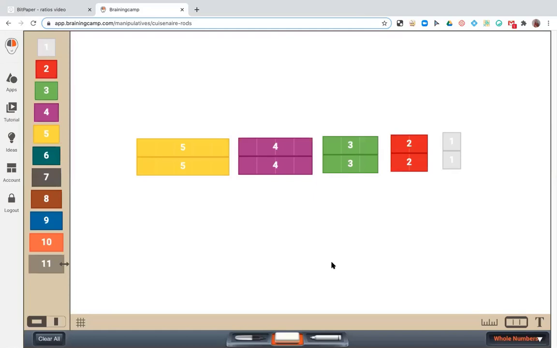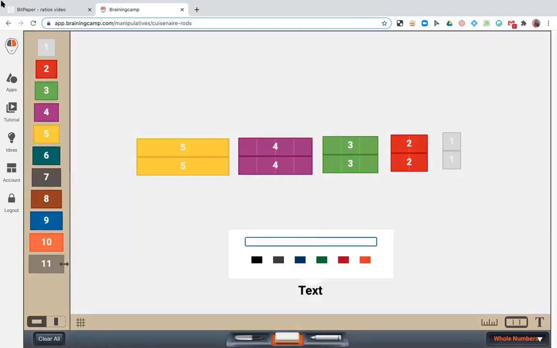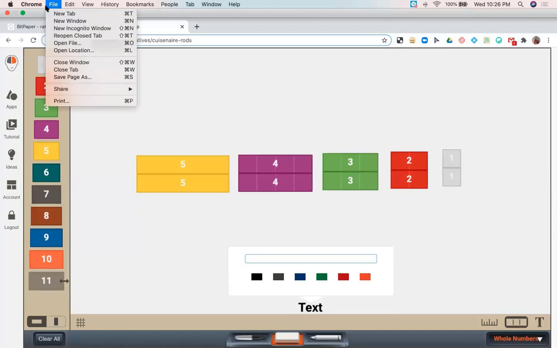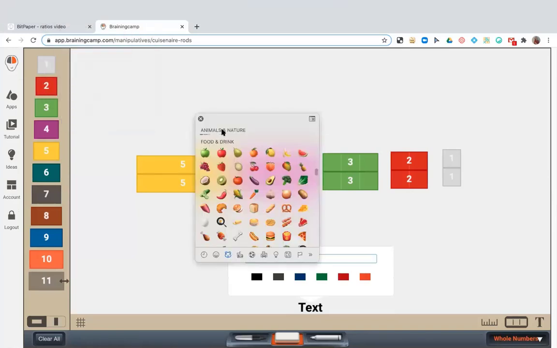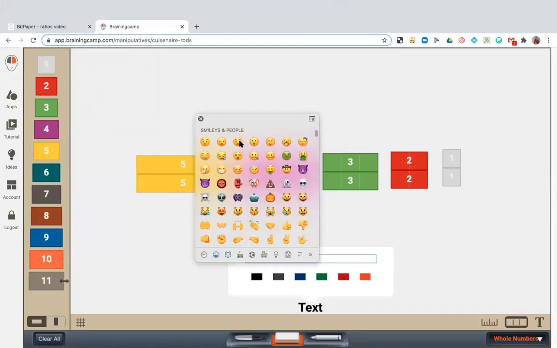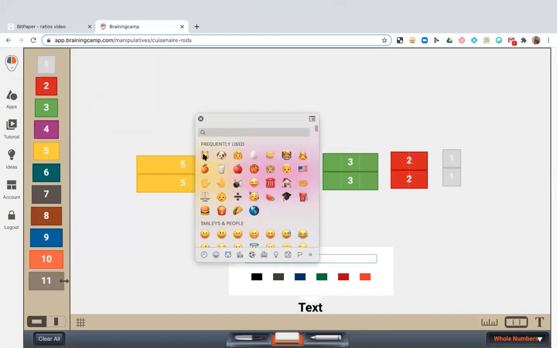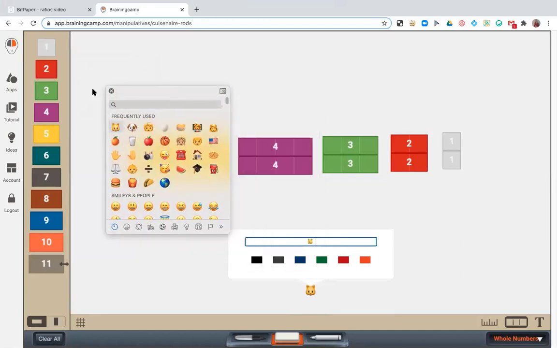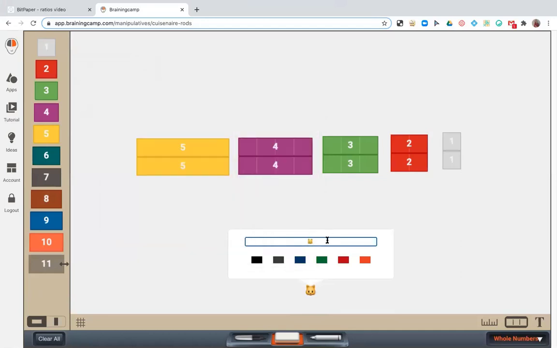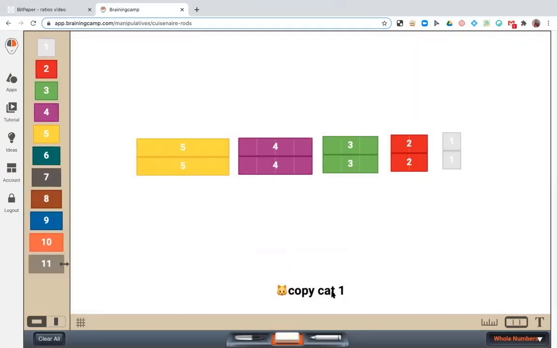At Made for Math, we call that a copycat 1. Whenever the numerator and denominator are the same, it's a copycat, because a copycat is someone who copies someone else, right? So these are all copycat 1s. The quantity is 1 to 1.